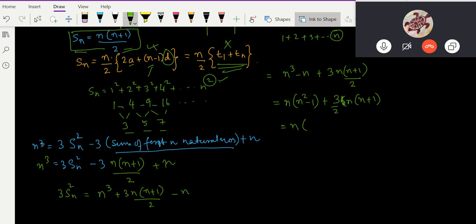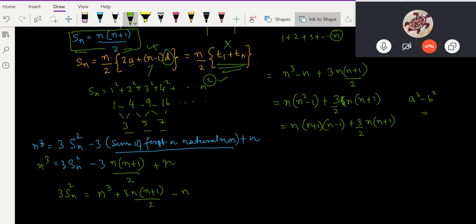What is a square minus b square? n plus 1 into n minus 1. We write n minus 1 plus 3 by 2 n into n plus 1.